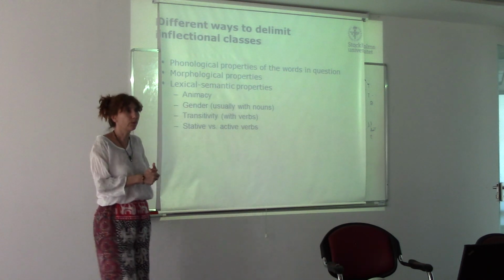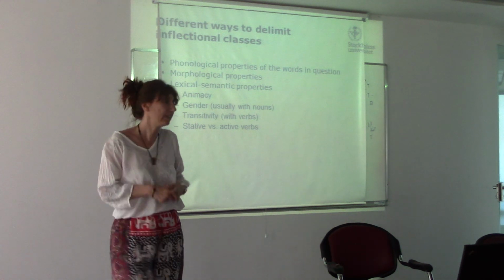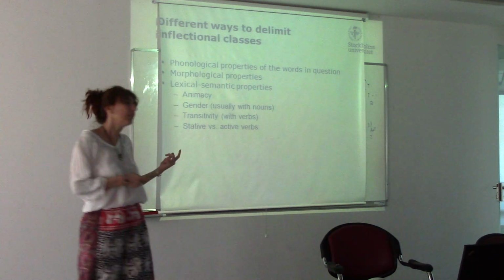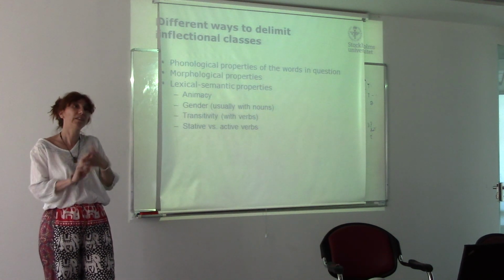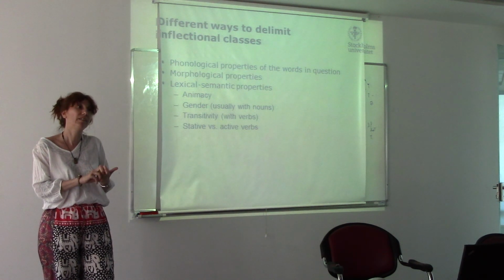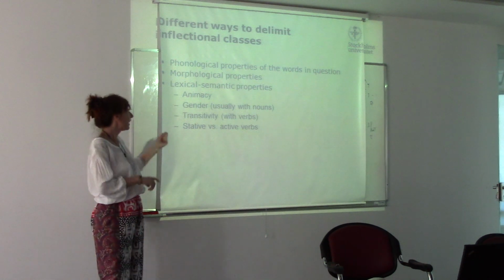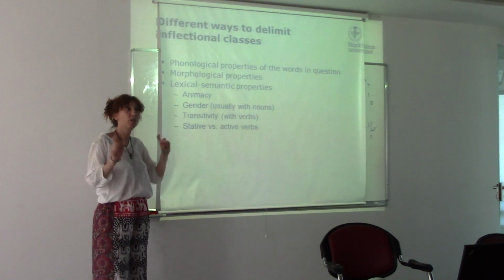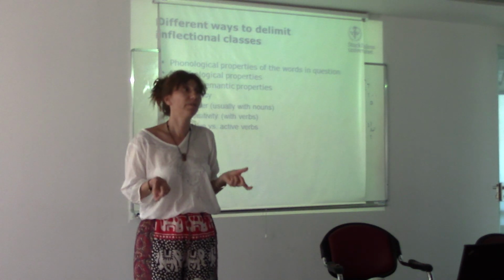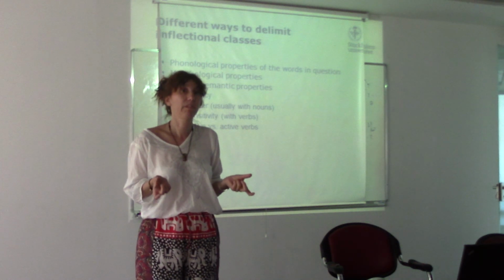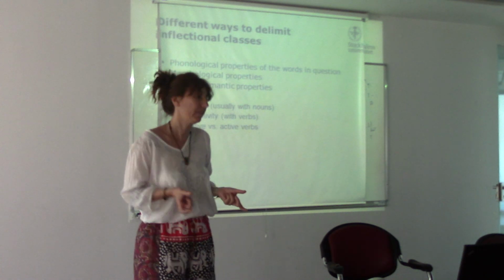Such properties will be gender, animacy, transitivity for verbs. Transitive verbs will be one class, intransitives another class. Stative versus active verbs will often fall into two different inflectional classes. They will be morphologically different.